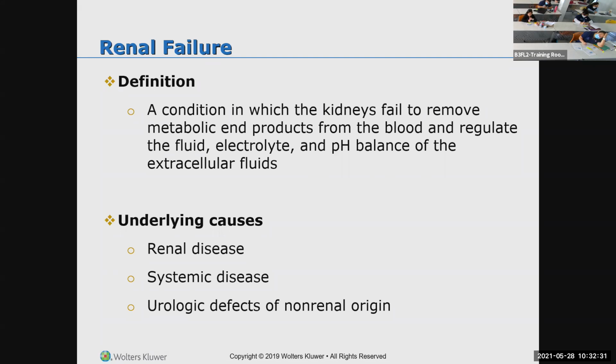I didn't notice, but I'm having hypertension, and in the long run that damages my kidney. The third one, urologic defect of non-renal origin: maybe the tube which carries urine from the kidney towards the bladder, or something wrong in my urethra, somebody compressing my urethra, maybe a large prostate, or some tumor in that area. That leads to kidney damage, renal failure.